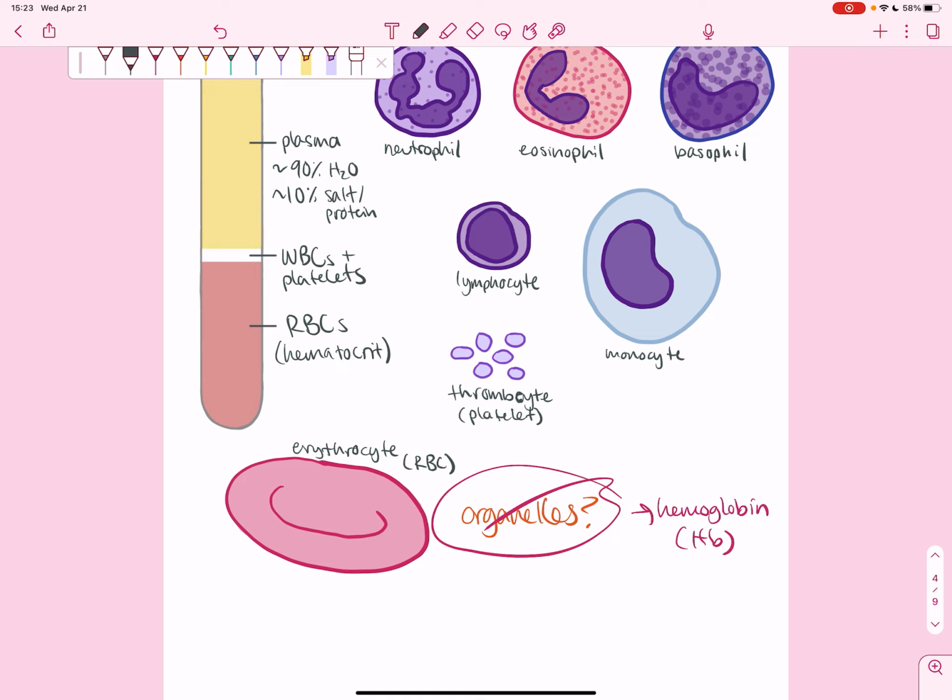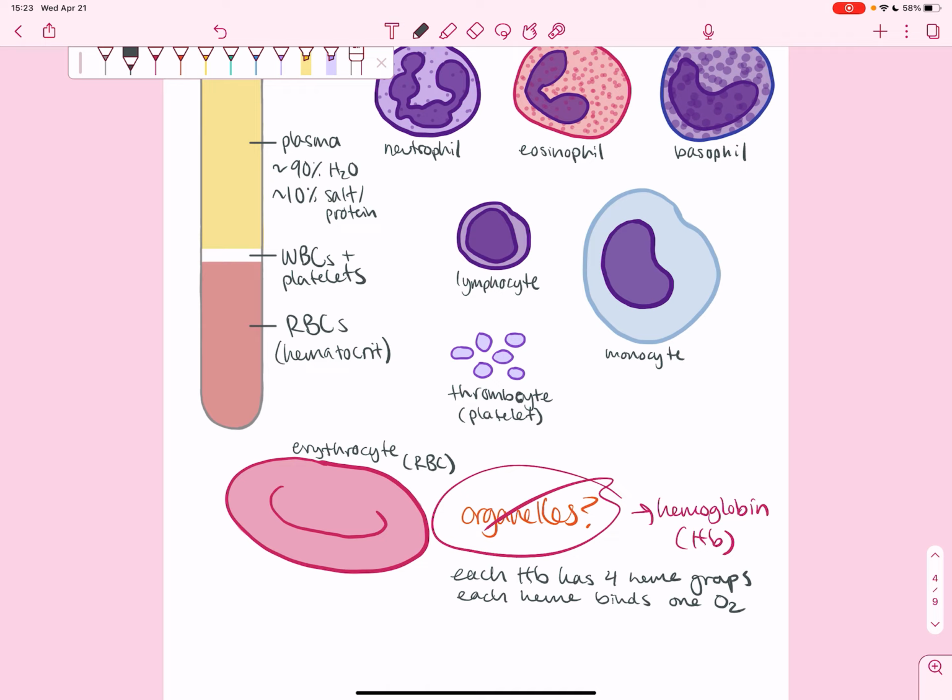I'll write that out. 4 heme groups each, and 1 O2.